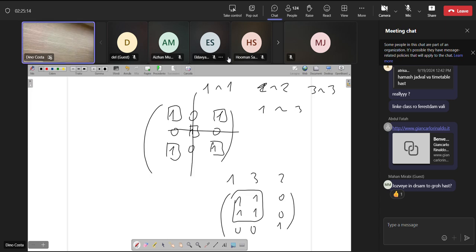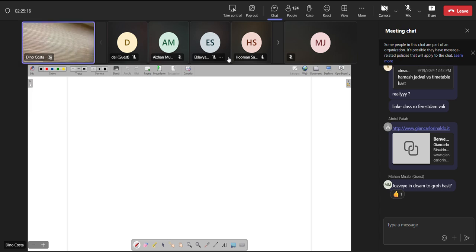Okay. Now, so we consider this matrix. Another object that we consider is the so-called function. And in my notation, I consider a function from A to B, where A and B are sets.